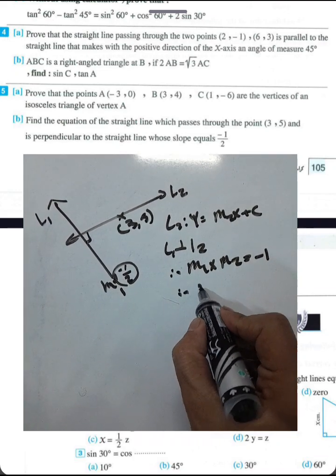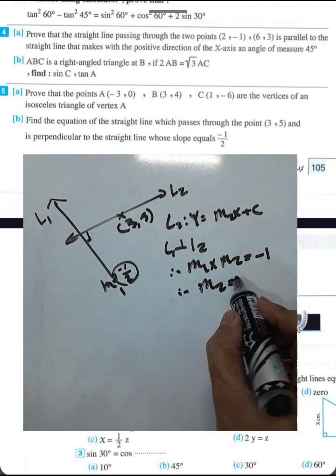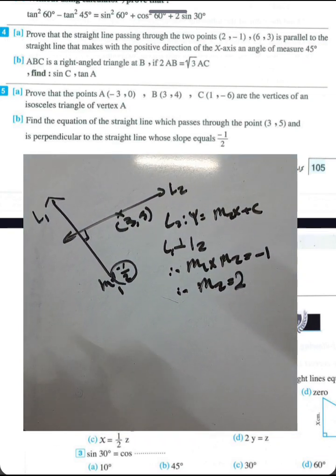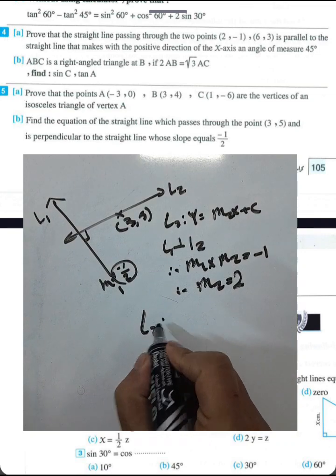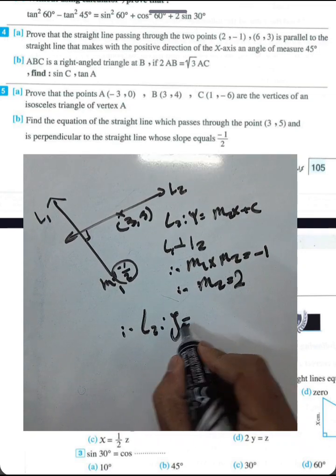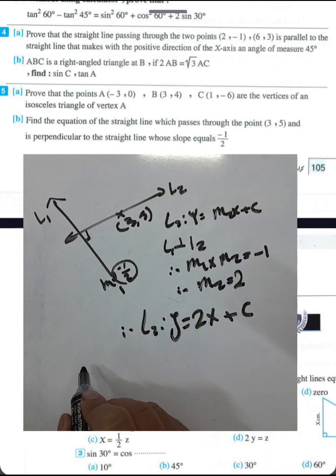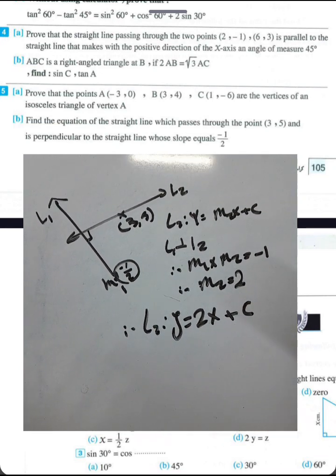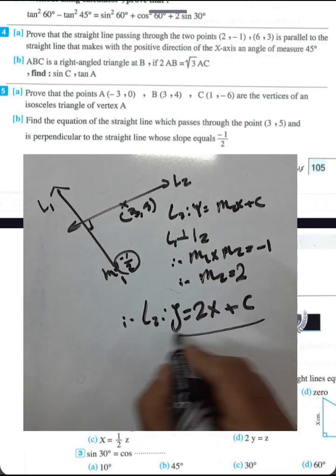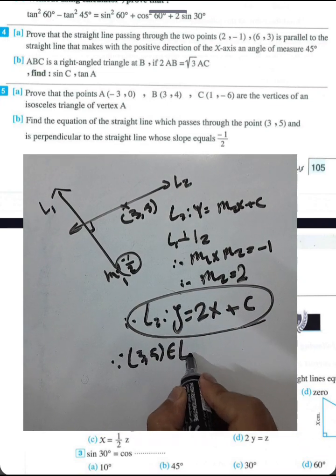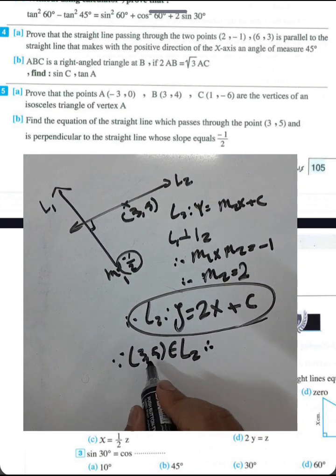Then the slope M2, the inverse of negative half with the sign changed, will be 2. Then you can write the equation of L2 as y equal 2x plus constant. This line passes through the point 3 and 5, so this point satisfies it.